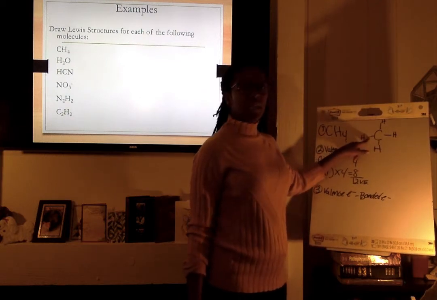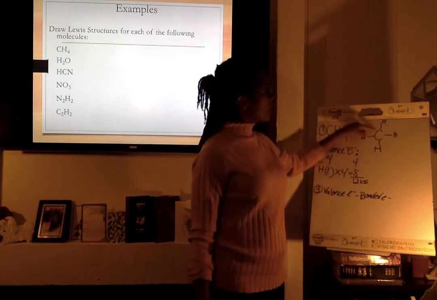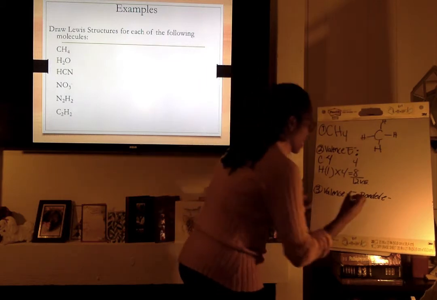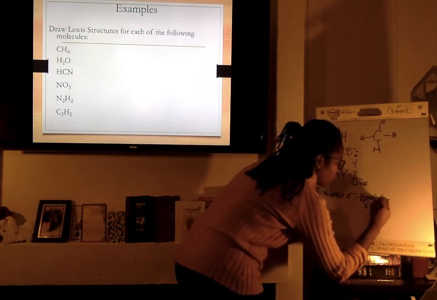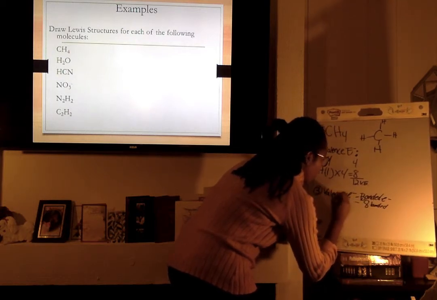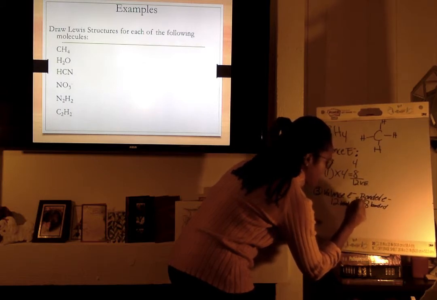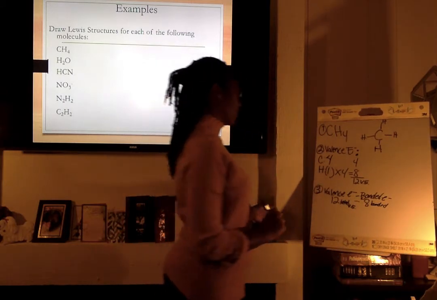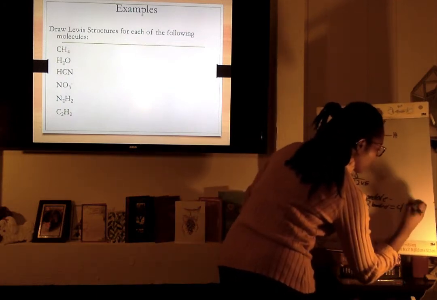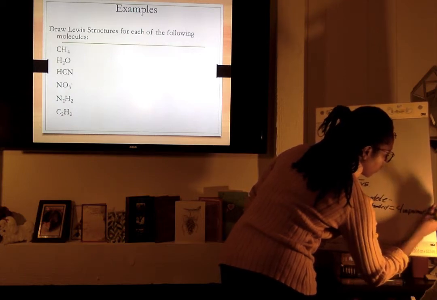Because every bond has 2 electrons, 1 from the hydrogen, 1 from the carbon, and so on for the rest of these. So 2, 4, 6, 8. So we have 8 bonded, and we have 12 total valence. Okay? So that means we're going to have 4 unpaired electrons.